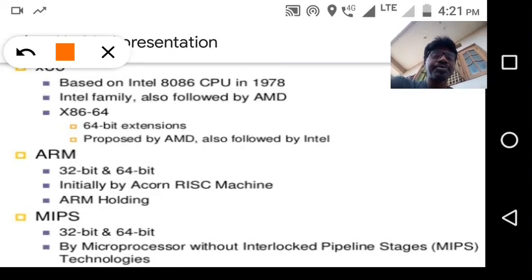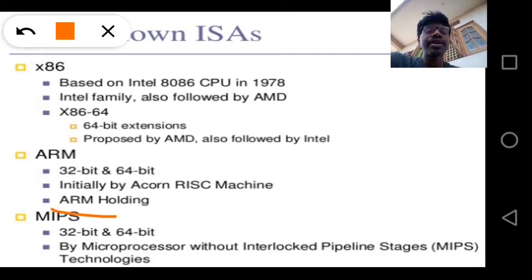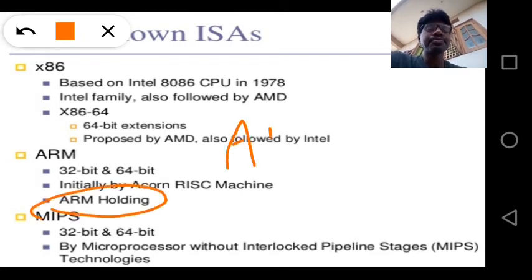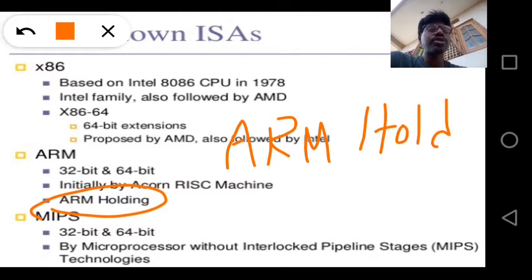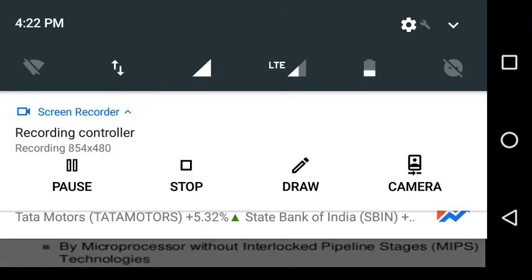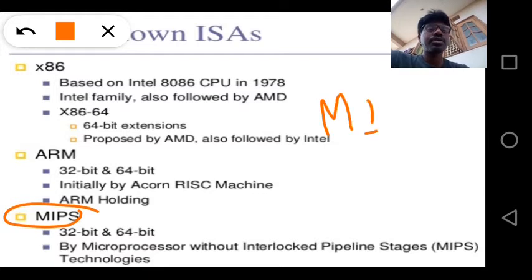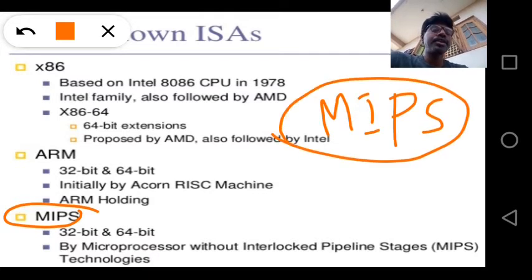Next, we have ARM Holding. This is another version of ARM processor. Next, MIPS, million instructions per second.